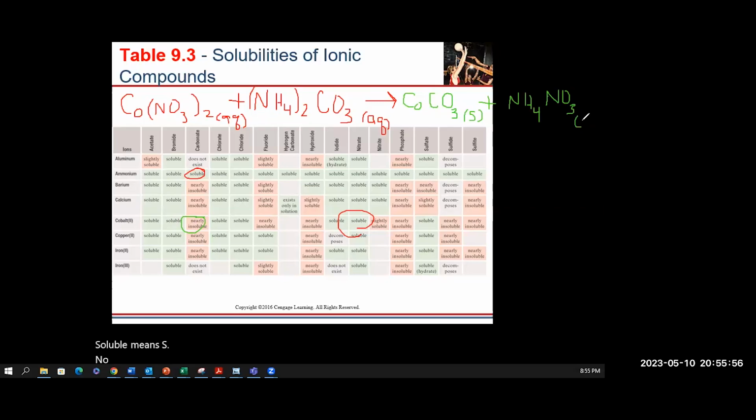That's right. Okay, is it balanced? No. What do I need to do to balance it? Two on the ammonium nitrate.